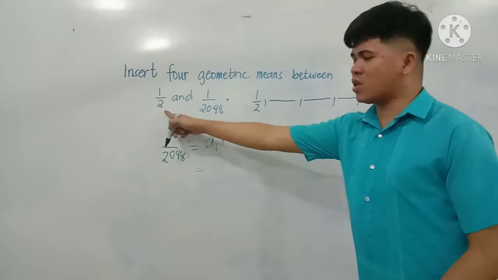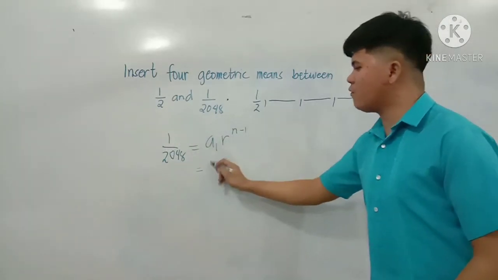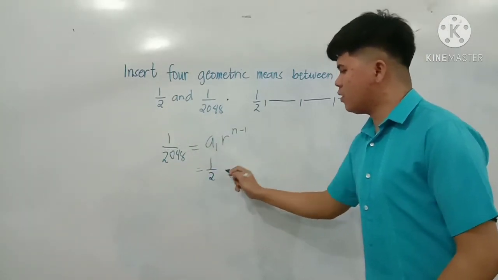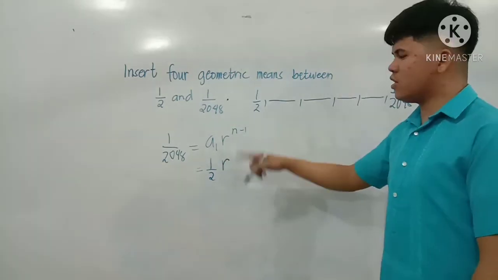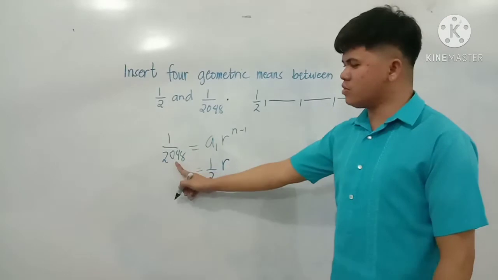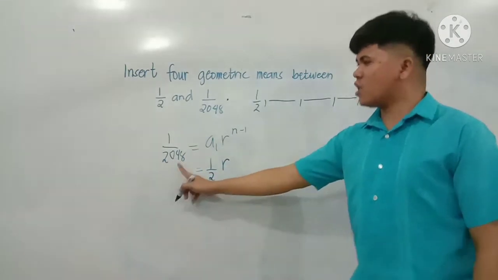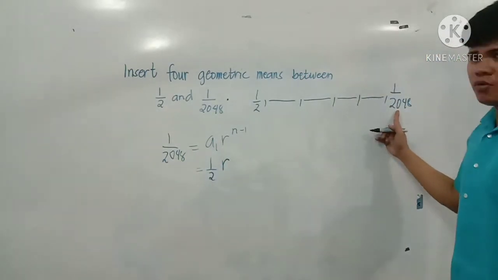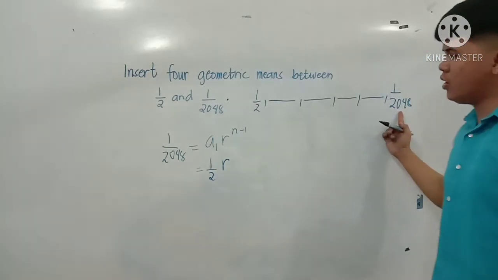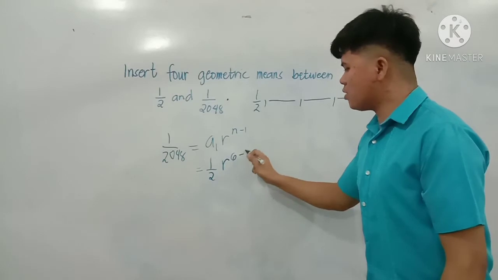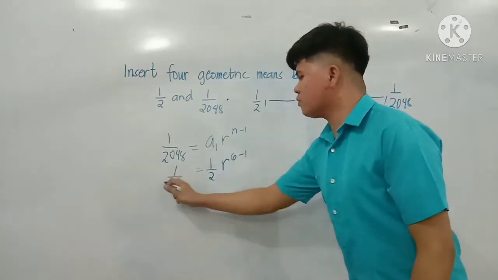Our a sub 1 is 1/2. We don't have yet the value for r, so we copy r. Our n refers to the number of terms. This value is for the 6th term, am I right? 1, 2, 3, 4, 5, 6. So therefore, our n is 6 minus 1.